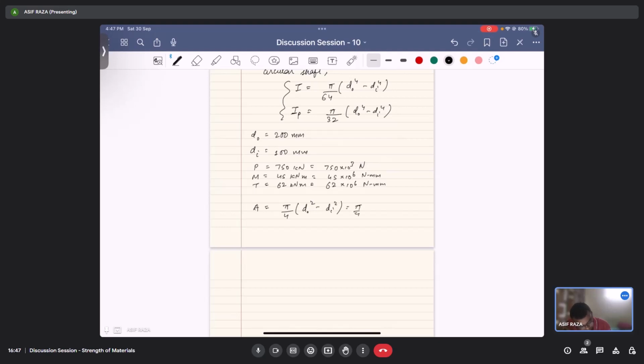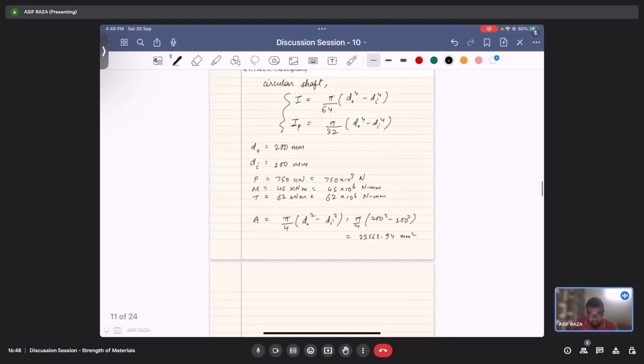This would be equal to pi by 4 (200 square minus 100 square), and this comes out to be 23,561.94 mm square.